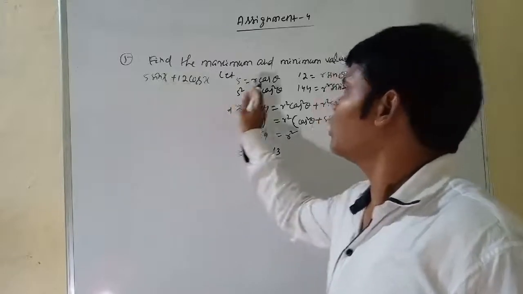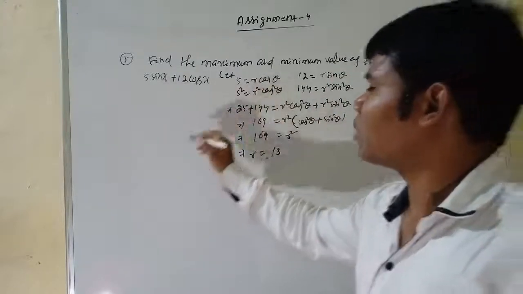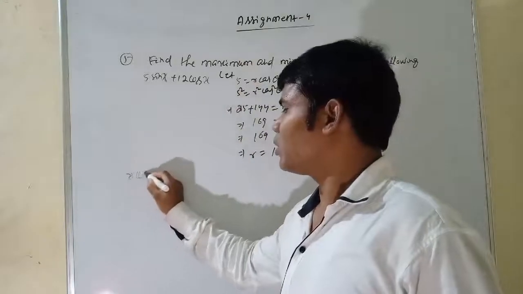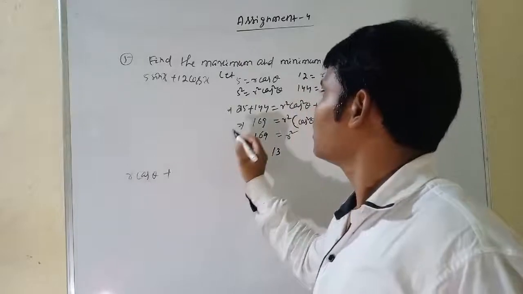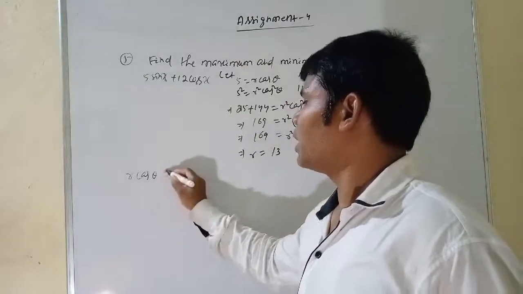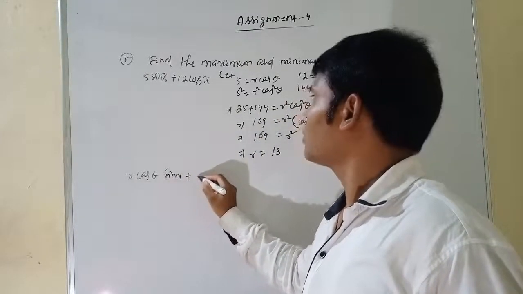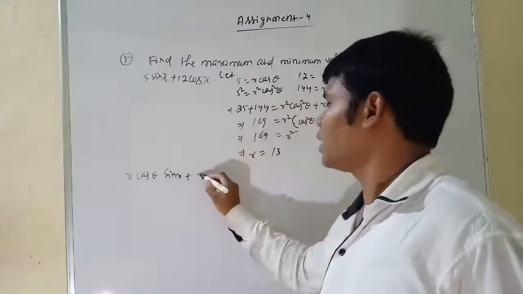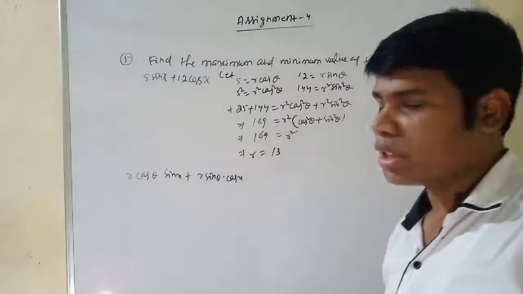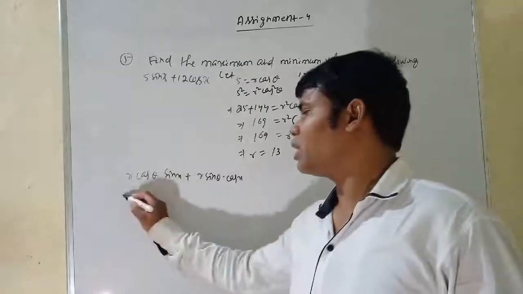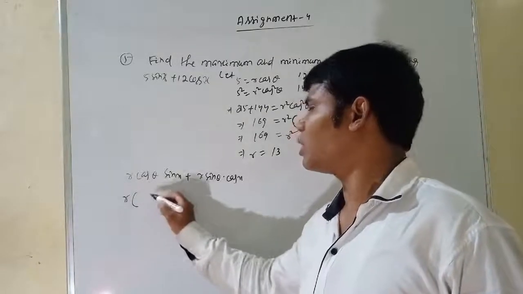Here you put 5 is equal to r cos theta, that is r cos theta into sin x, plus 12 is equal to r sin theta into cos x. Okay, taking common r, taking common r only, not both side.